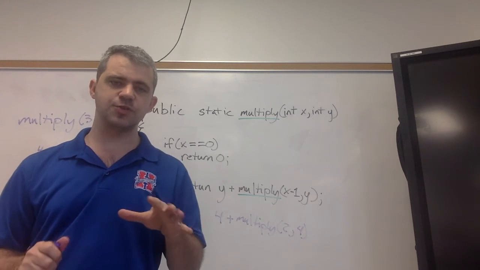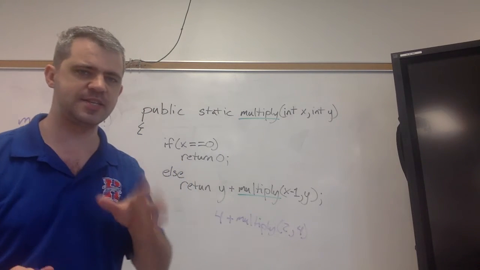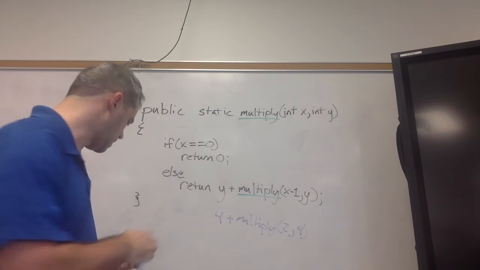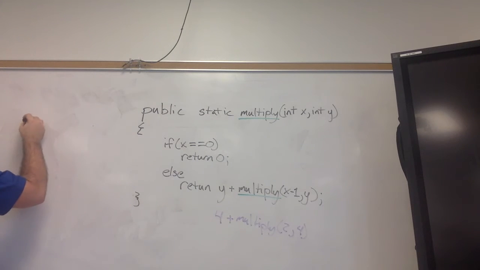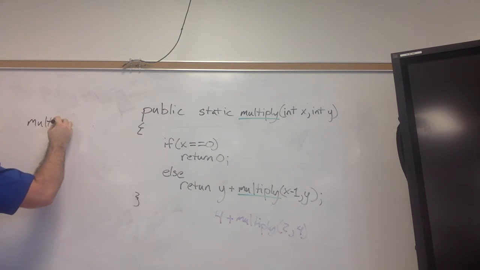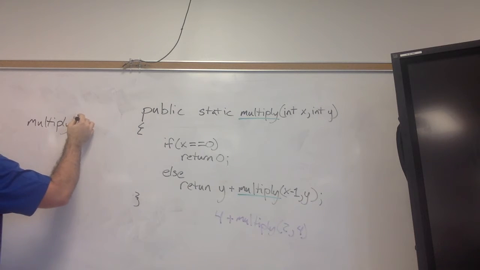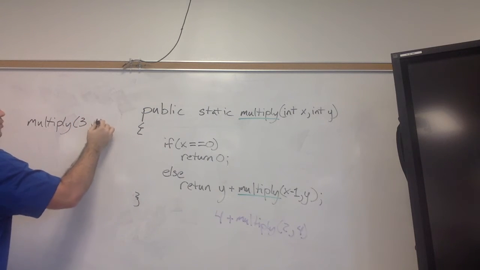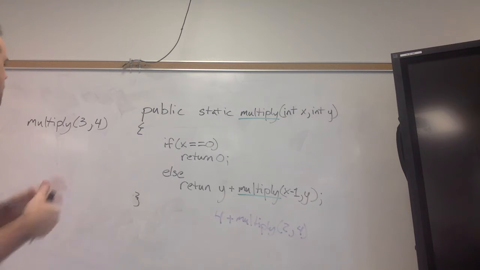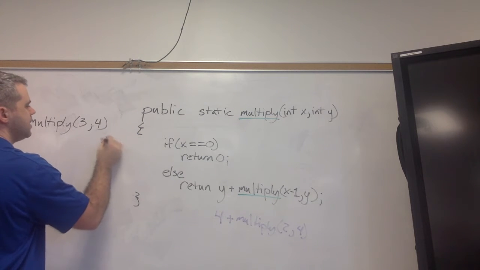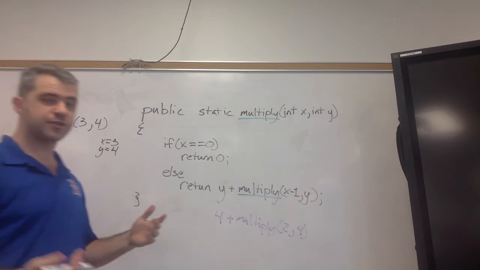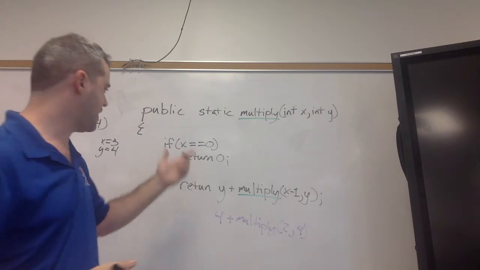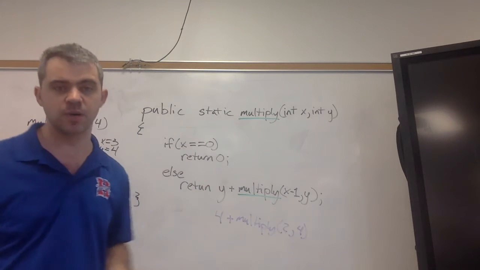So let's run through this real quick and see what actually winds up happening here. So let's call multiply 3, 4. Okay, so our x equals 3, our y equals 4. So the first thing we do is we check our termination condition. Is x equal to 0? No, it's not.